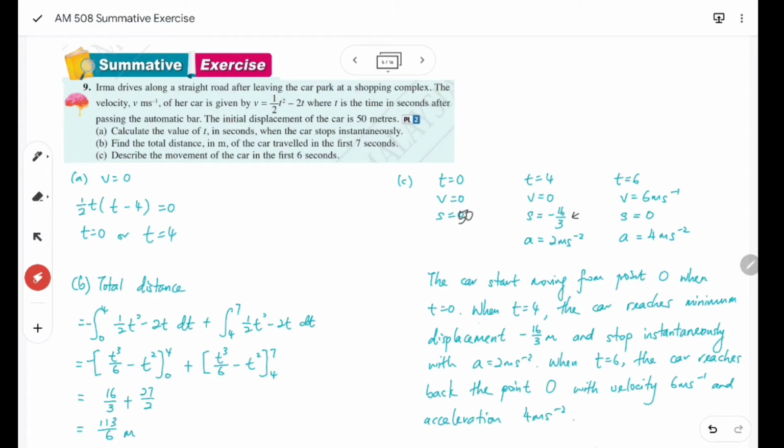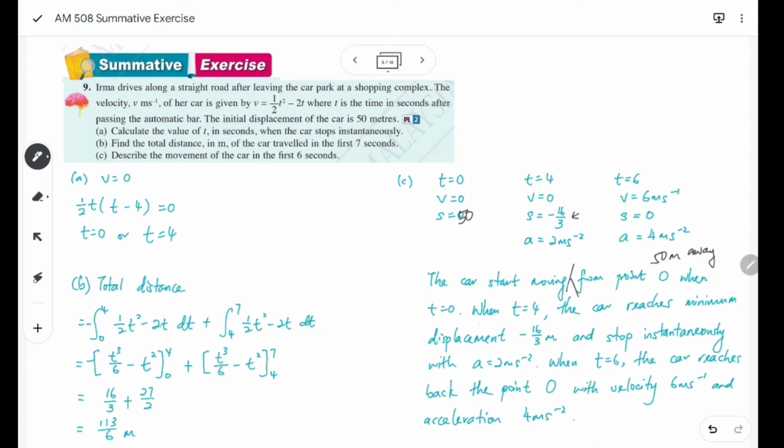So I will describe the movement of the car: the car starts moving from 50 meters away from fixed point O when t equals 0.